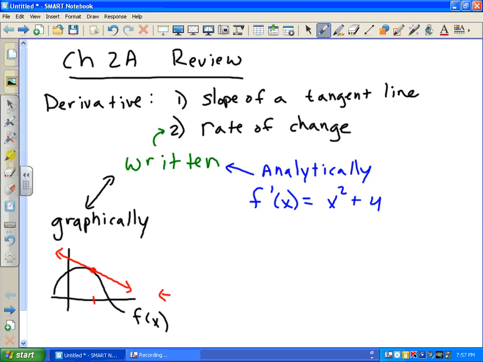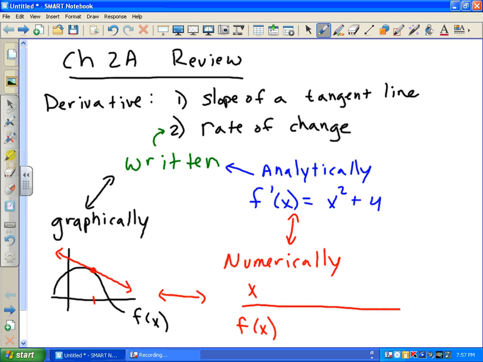Numerically, we're typically talking about a data table. You're given x, you're given an f of x, you're given data. Perhaps x moves in increments 1, 2, 3, and the function perhaps 4, 7, and 13.